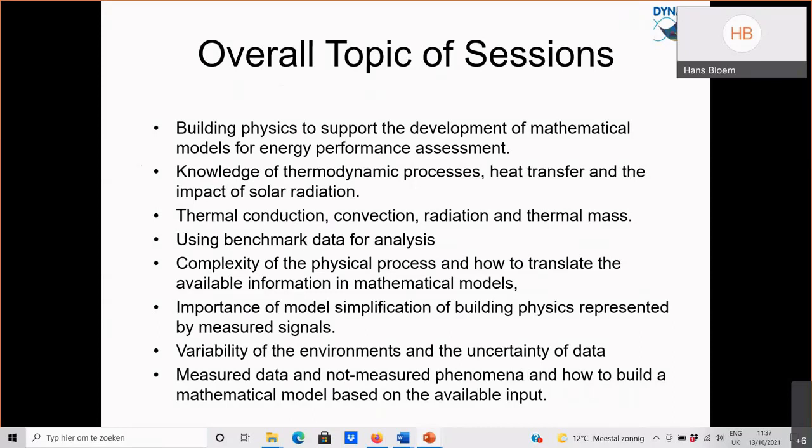What we probably present more in detail during the physical summer school is more on all kinds of uncertainty of the data, variability, the issue of not measured phenomena that are taking place in the whole energy concept of a building, and how to deal with that, and what exactly the measured data is presenting in what we would like to analyze.